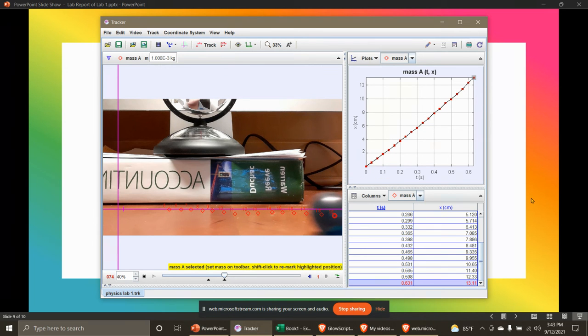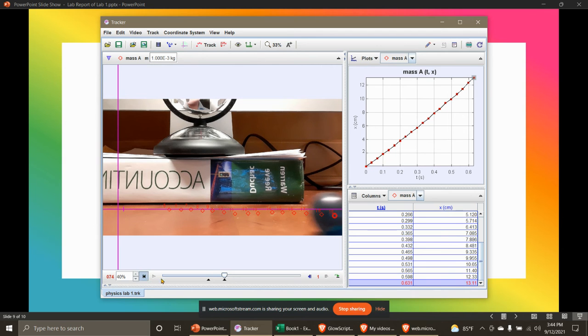Some of my observations about the net force: there would have been a couple of net forces. One of the net forces that I put into it was the push.